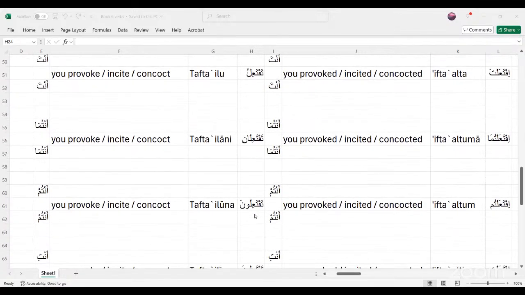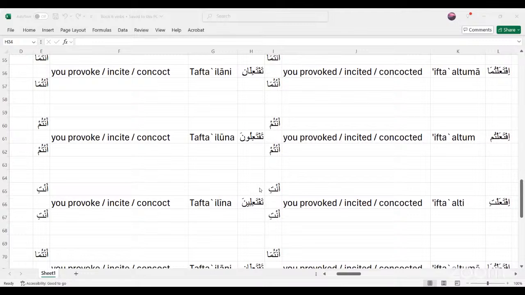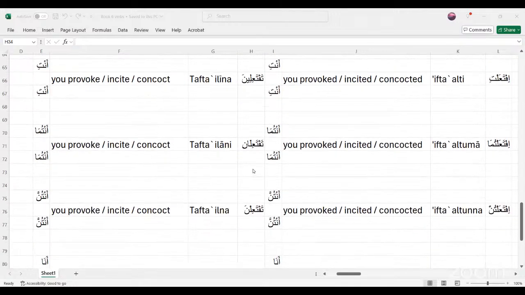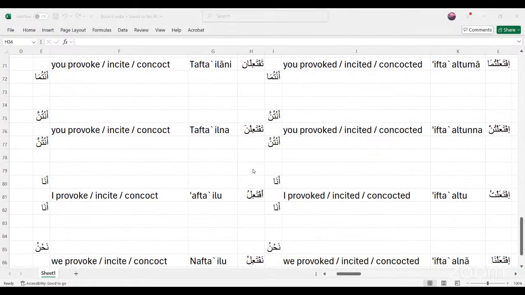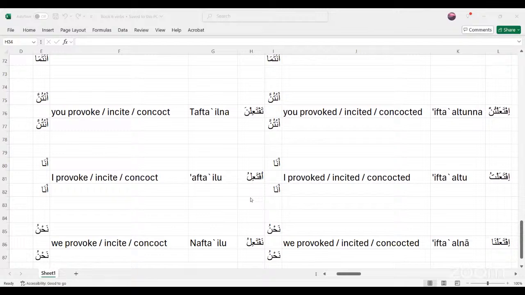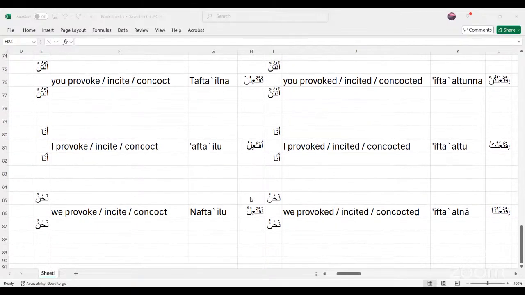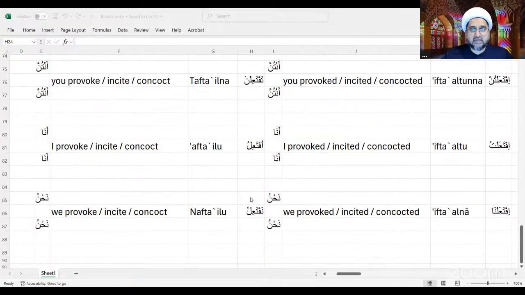Tafta'ilani, you two people provoke. Tafta'iluna, you all provoke. Tafta'ilina, you provoke, feminine. Tafta'ilani, you two people provoke, feminine. And then tafta'ilna, you all provoke, feminine. Afta'ilu, I provoke. Nafta'ilu, we provoke. Excellent. So this is ifta'ala, yafta'ilu is the pattern.